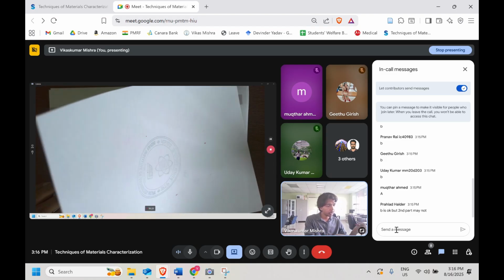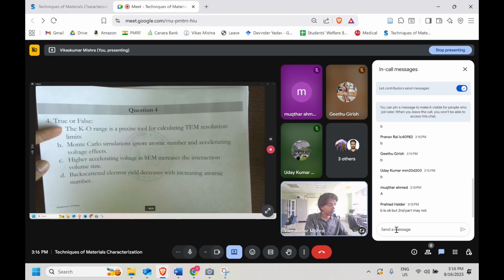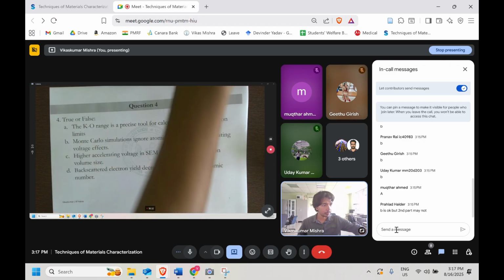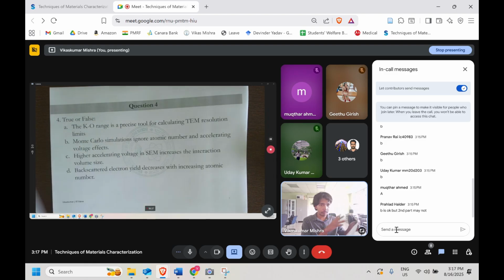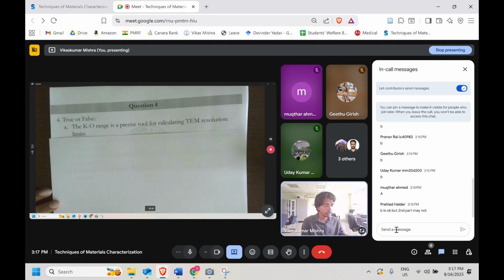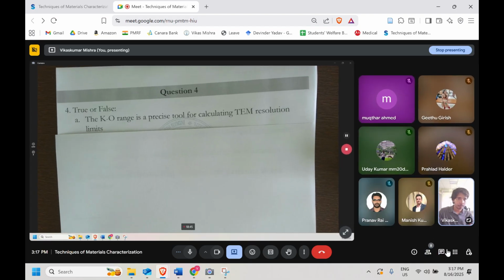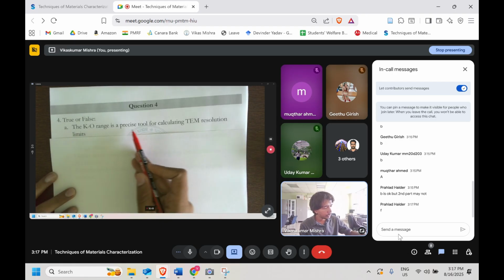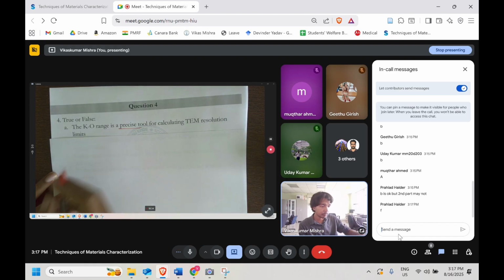Okay, let's talk about the next question, question number 4. Now, the first one: the KO range is a precise tool for calculating the TEM resolution limit.